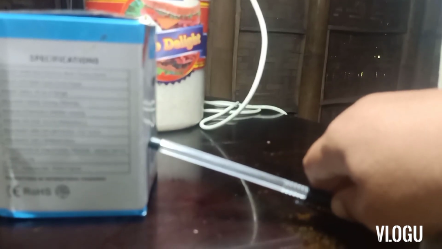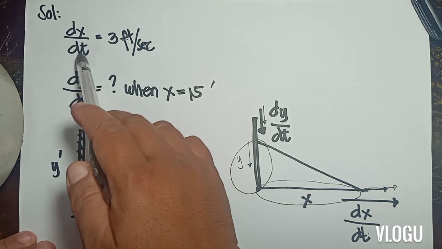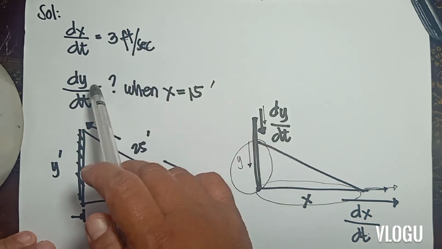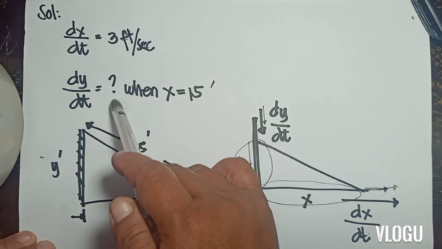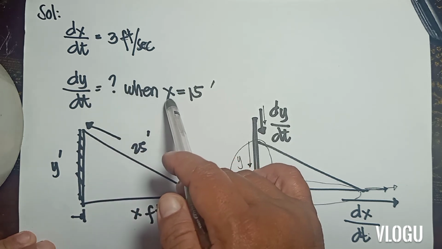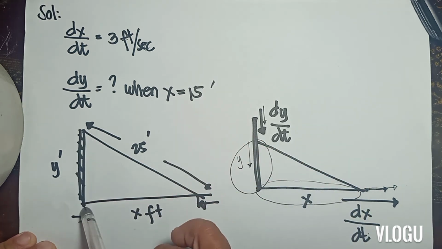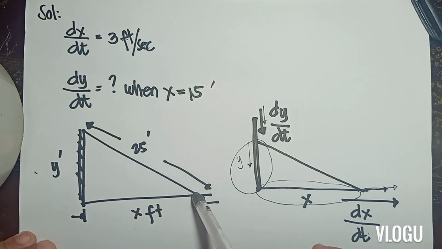Okay, let's try to solve. So, solution, dx/dt is equal to 3 feet per second. dy/dt is unknown. We are going to solve this one at the instant that x is equal to 15 feet. Illustration here, this one is your vertical wall. This is your horizontal ground.